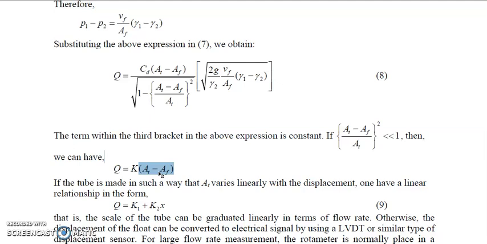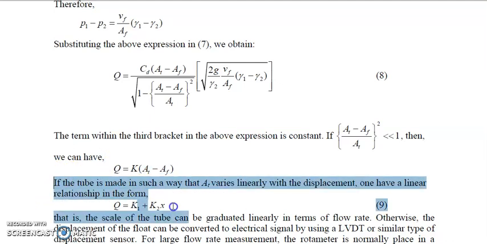So this gives us a decision that if the tube is made in such a way that AT varies linearly with the displacement. AT means area of tube, that is area of rotameter.